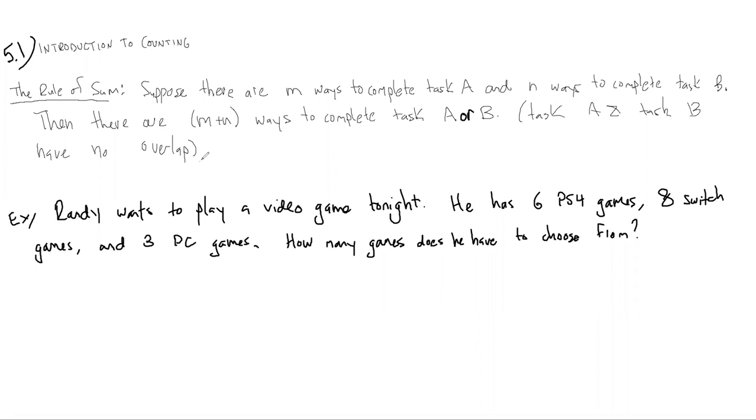Yeah, so he's got 6 PS4, 8 Switch, and 3 PC games. If we want to use the phrasing of the rule of sum, the task would be basically playing a game.